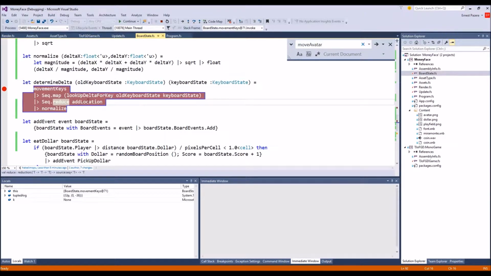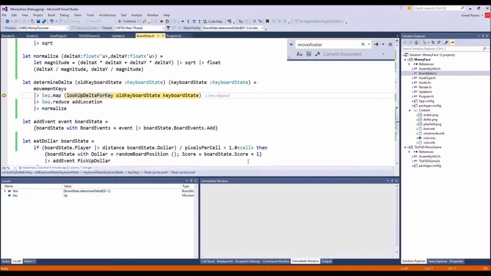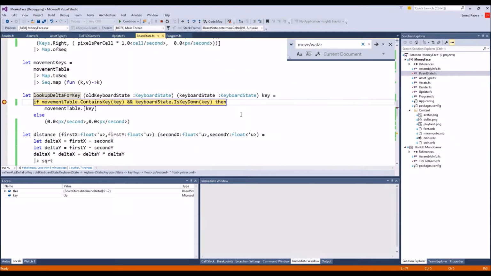Eek. So reduce add location. So where's my... Growth. Look up delta for key. Old keyboard state. Keyboard state. Left, up.